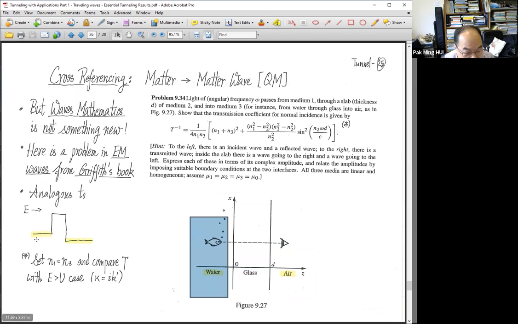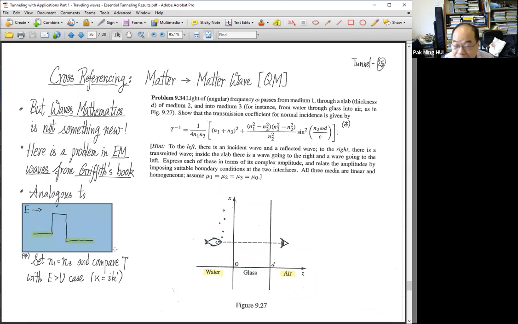The analogy here is this, right? The 3 regions have 3 different refractive indices. That is the classical EM waves problem. And in our quantum mechanics problem, the 3 regions have 3 different potential energy values.